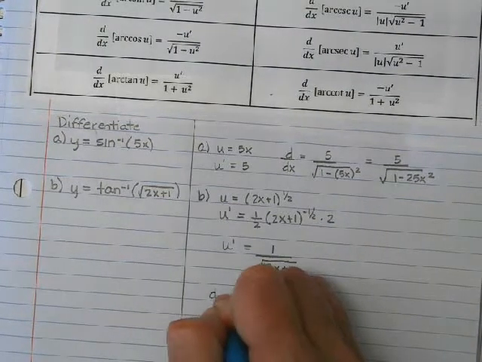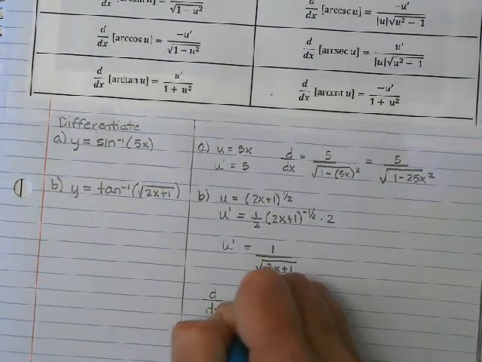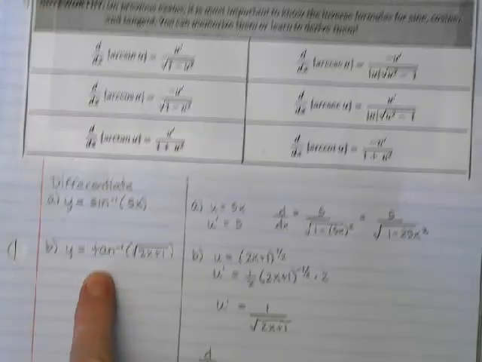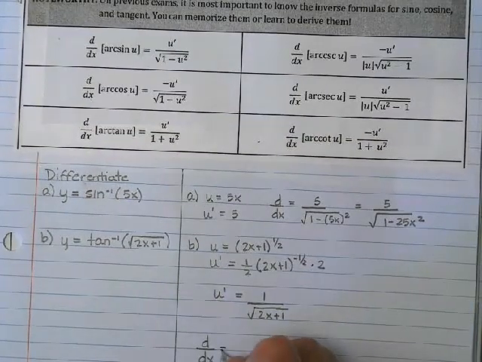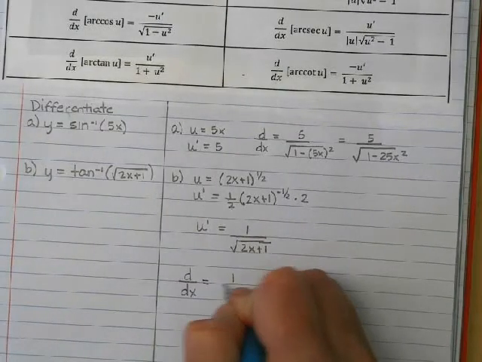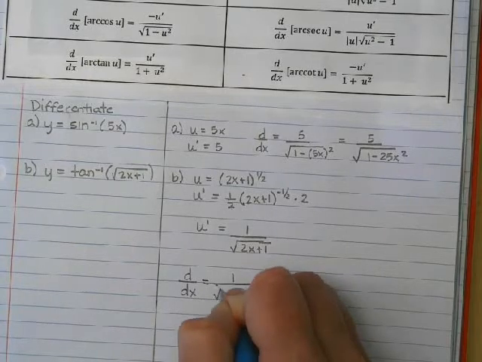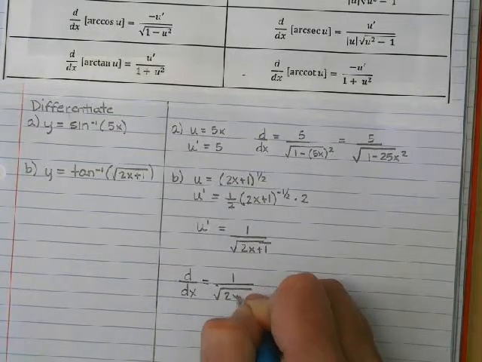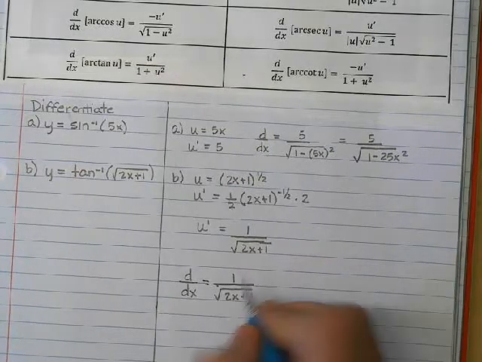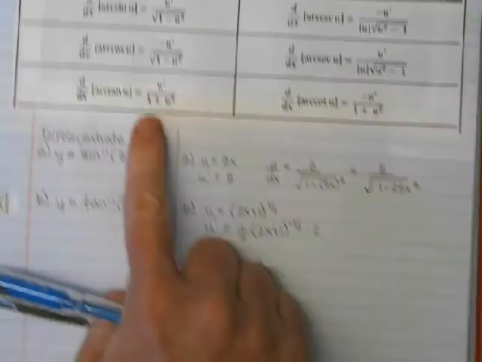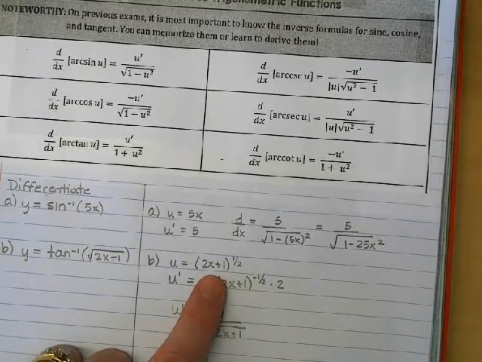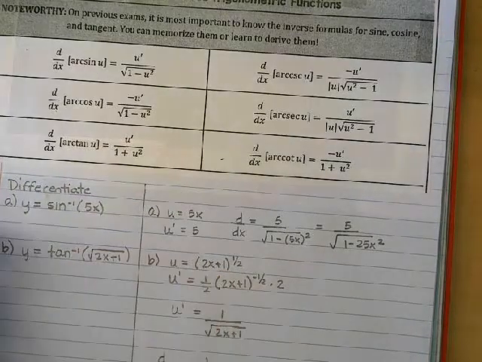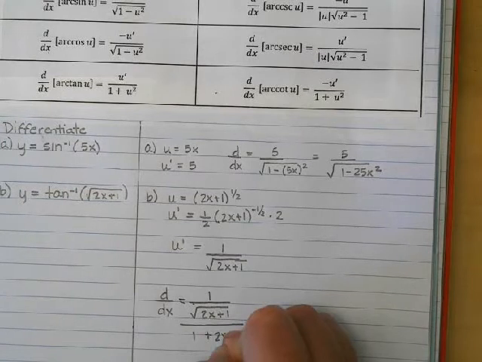Let's go to our formula. It says for the arctan we have to take u prime, which we said was 1 over the square root of 2x plus 1, over 1 plus u squared. Here's our u. If we square a square root, that's just going to give us 2x plus 1.